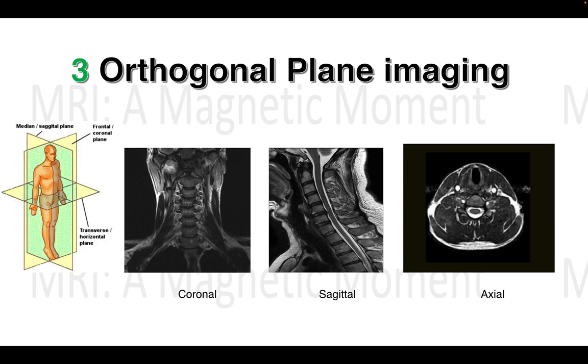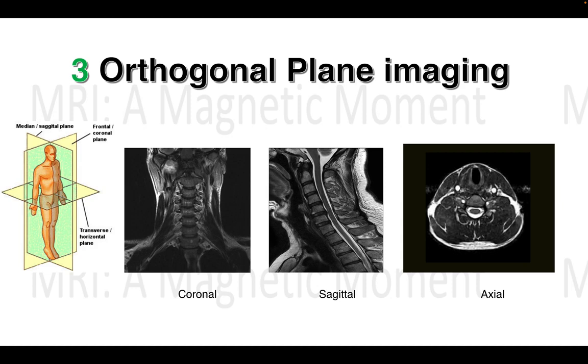So in MRI, we can start imaging in any of the three planes, sagittal, coronal, or even axial as our initial imaging. We can actually obtain oblique slices, however you want to pronounce that. We use those oblique slices for orientation or localization of anatomy being scanned for further imaging. So MRI is great for the three orthogonal plane imaging.